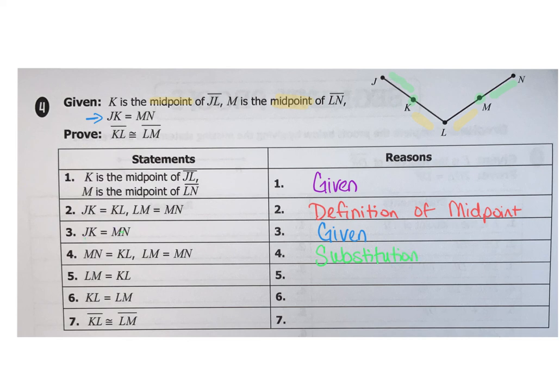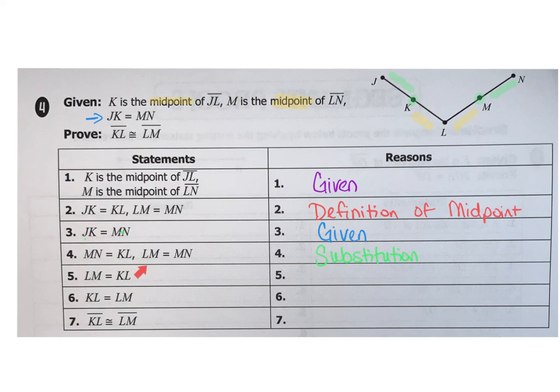All right, so we always have to look at what we're trying to move towards. We're trying to show that KL is congruent to LM. Right here we have that MN equals KL, LM equals MN. And here's what they've done. They went from LM equals MN, MN equals KL, and now LM equals KL. There are two different properties you could use here.